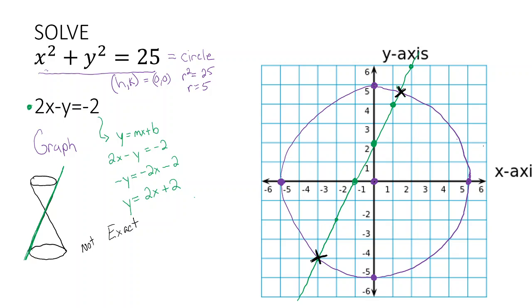But those answers should be pretty close. So I would approximate (-3, -4) and 1.5 over and 4.5 up as my solutions. Okay, where the two intersect.